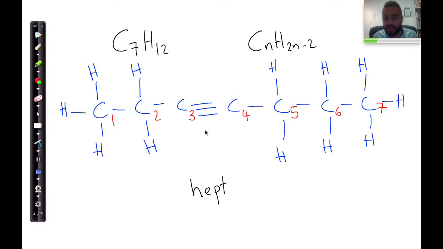There's at least one triple bond between the carbon atoms, so we don't say ane or ene, we're going to use yne, and we now need to indicate on which carbon the triple bond lies. So it's going to be here, hept-3-yne. And there we go. That's our first set of examples for the hydrocarbons relating to the alkynes.